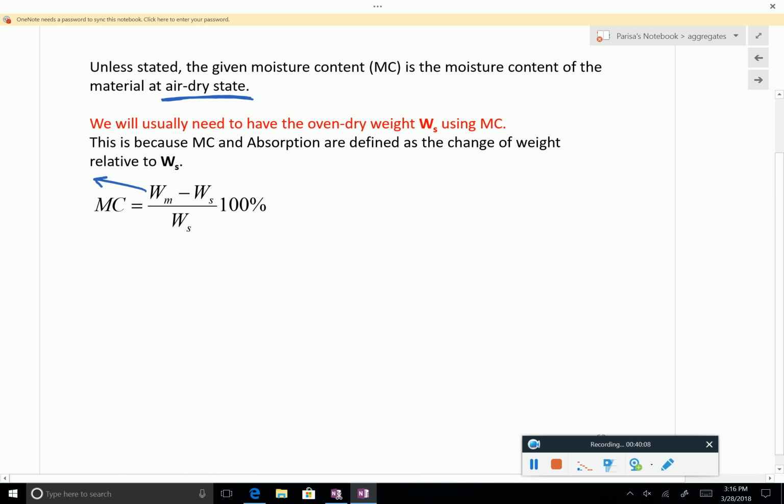So here is air dry. Here is oven dry. And moisture content is zero.